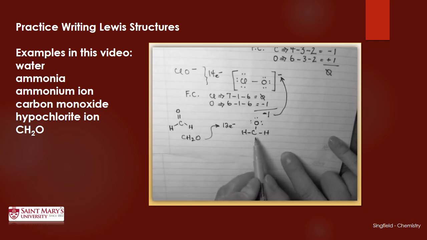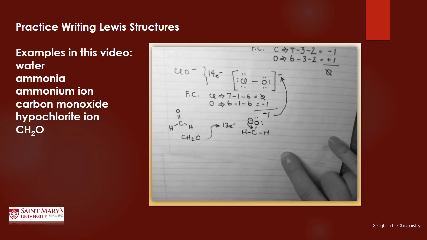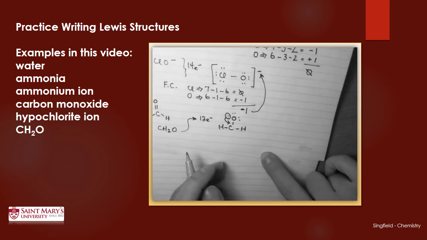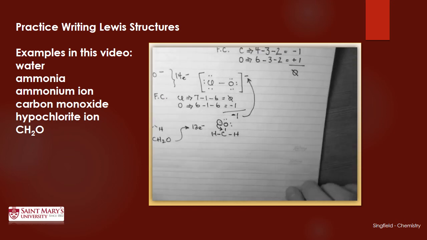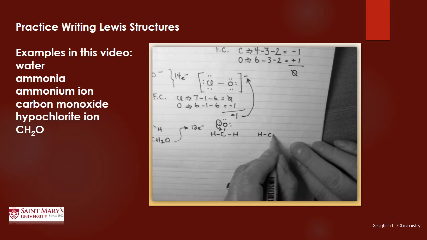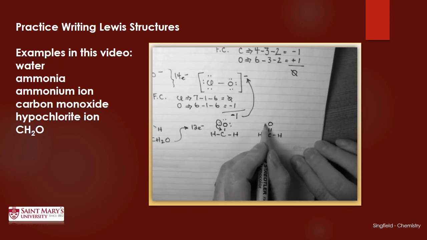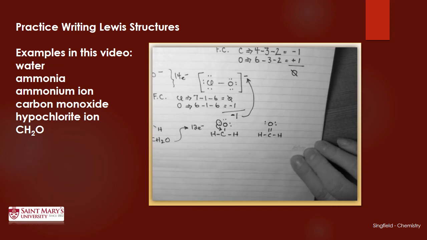So I'm deficient here on the carbon. So what I do is I take one of these and share it so that I have a double bond. And that becomes a double bond to the oxygen, and I still have 2 lone pairs left over.